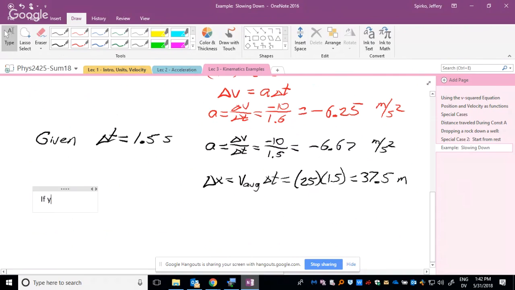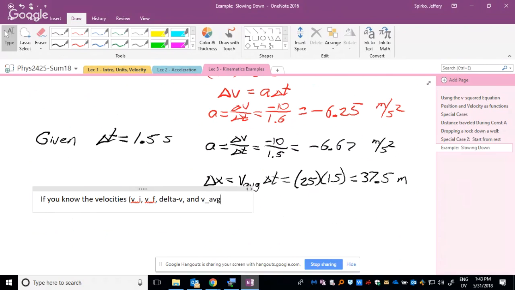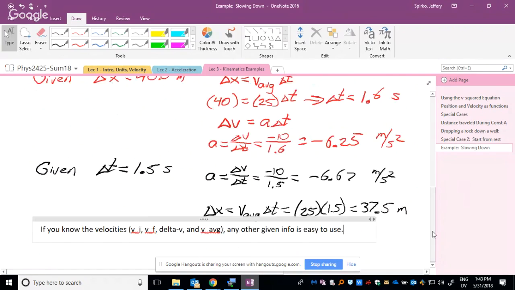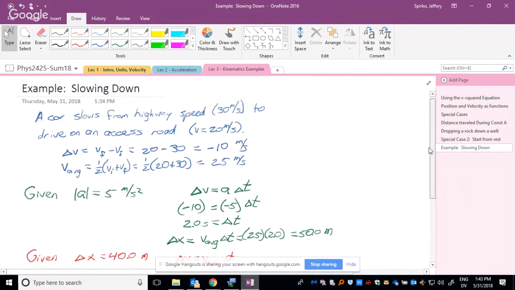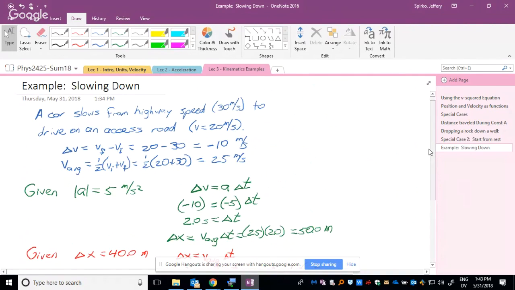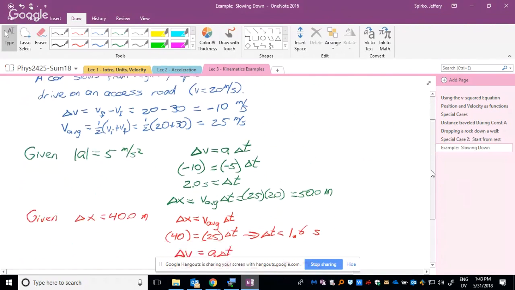So my conclusion from that exercise is we started with a situation where we knew the velocities, the initial and the final velocity, which is basically the same thing as knowing the delta V and the V average.